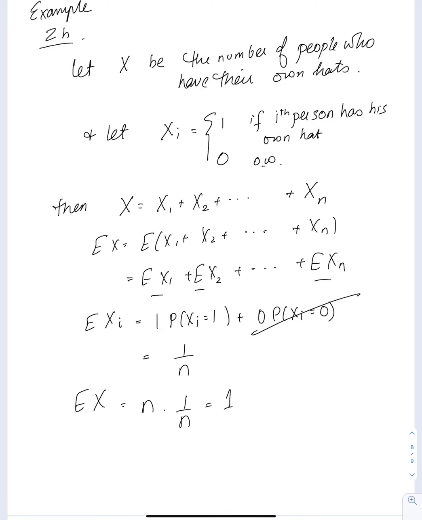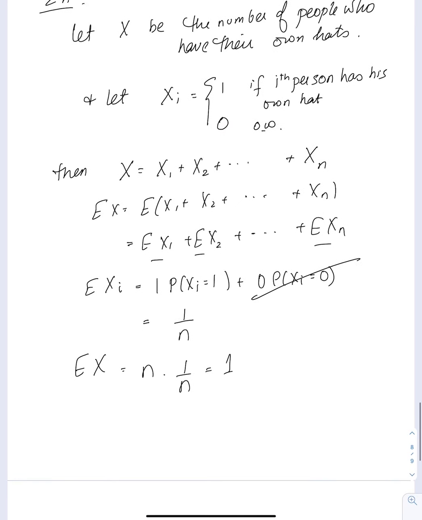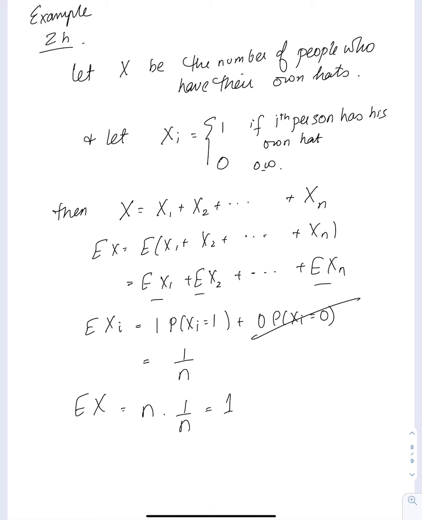Of course, in small cases, you can actually do the probability calculation exactly. Suppose you have 2 people. Then the number of people who have their own hat is either 0 or 2. You can calculate the probability of it being 0 and the probability of it being 2.